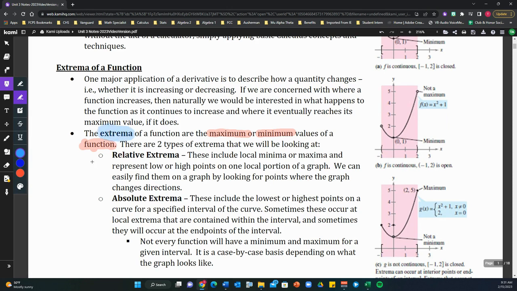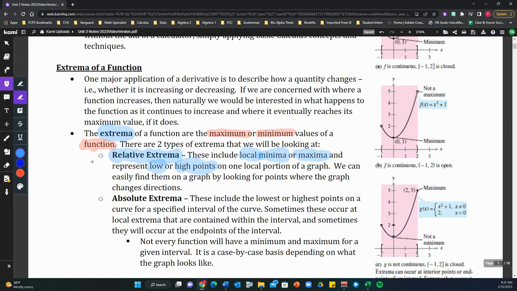So the first type is relative extrema. Another name they go by is local minimums or maximums. Minima and maxima are the plural versions of those words, just in case you're wondering. Thank you, Latin. So relative extrema basically represent those low or high points on one local portion of a graph.